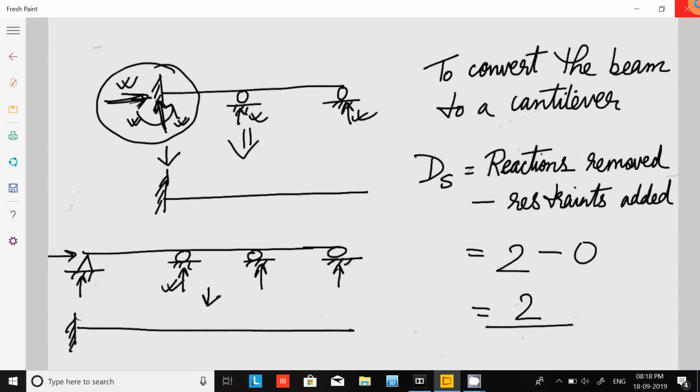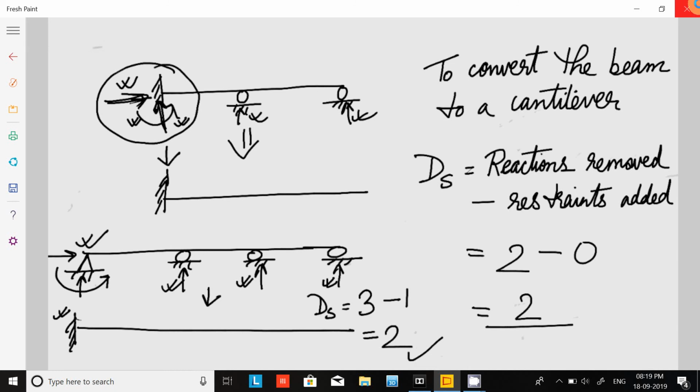This one, this one, this one. So ultimately it is three reactions removed, minus how many restraints we have to add in this hinge. In this hinge, to make it a cantilever, we have to add one restraint. So ultimately minus 1. So this becomes 2.